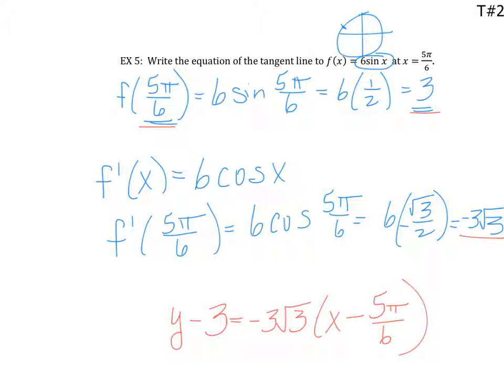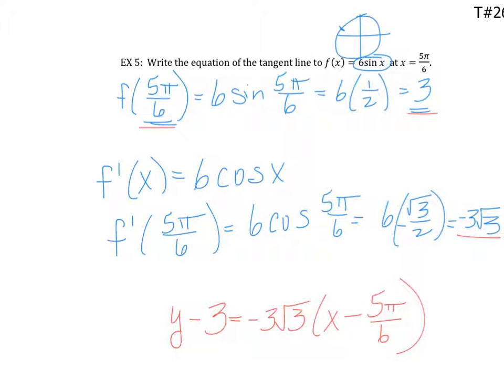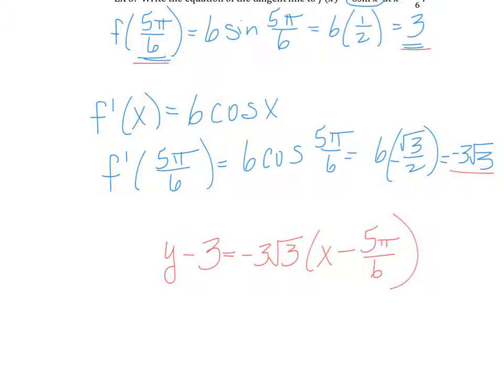Let me say this as well, when it comes to the trig and pre-cal versus calculus. Let's say this question asked you for the normal line. Okay, so this was the tangent line. It didn't ask you in the question, but let's just say it did. When you did that work, you'd get y minus 3.